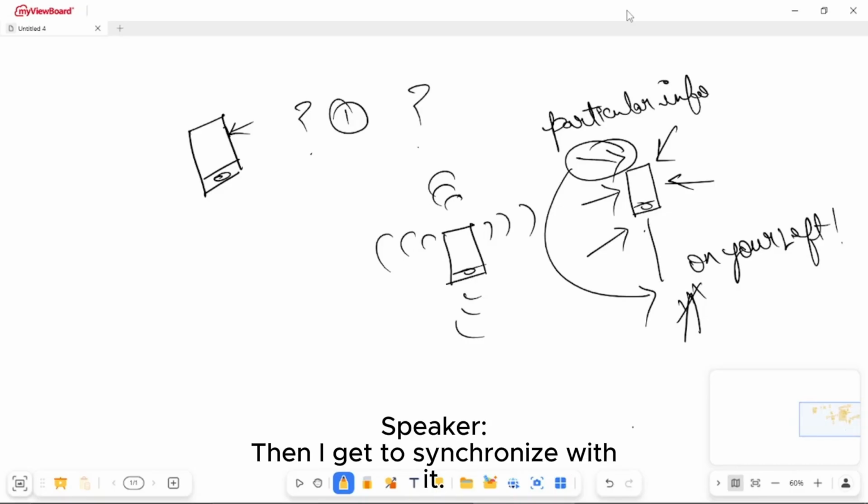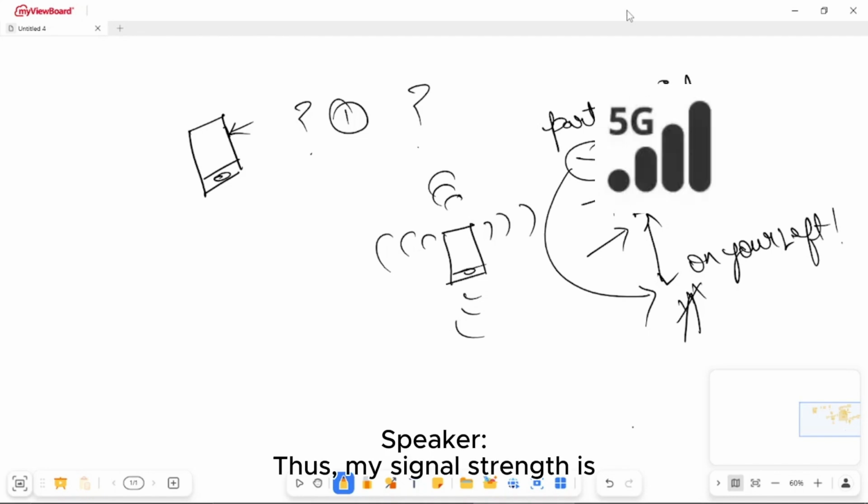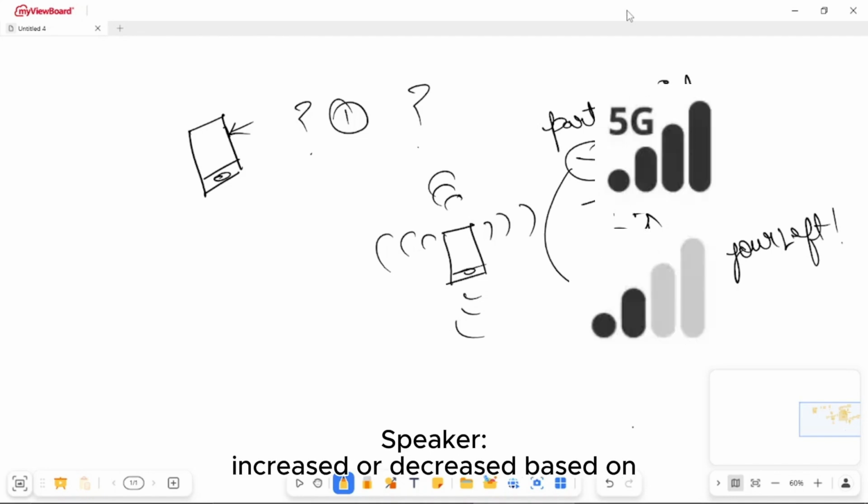Then I get to synchronize with it. Thus, my signal strength is increased or decreased based on the situation.